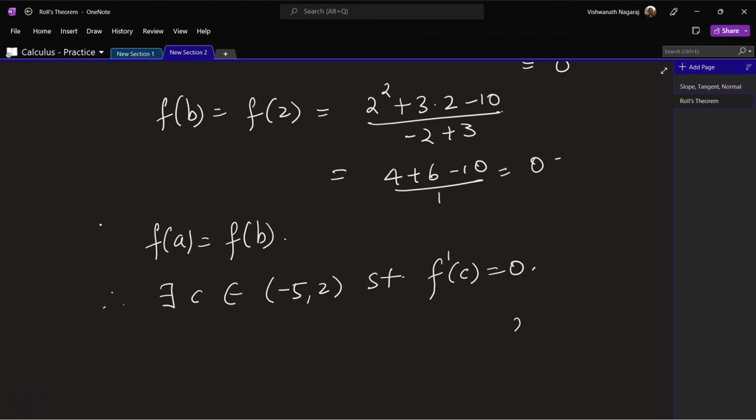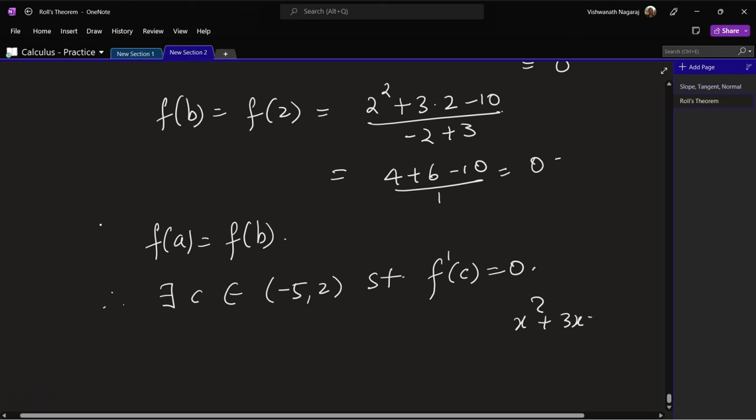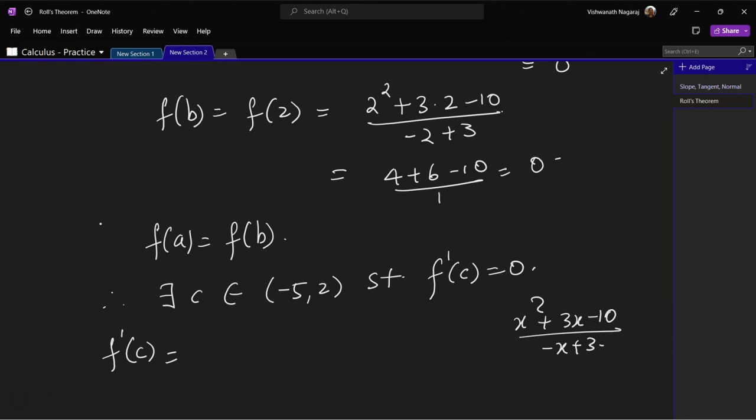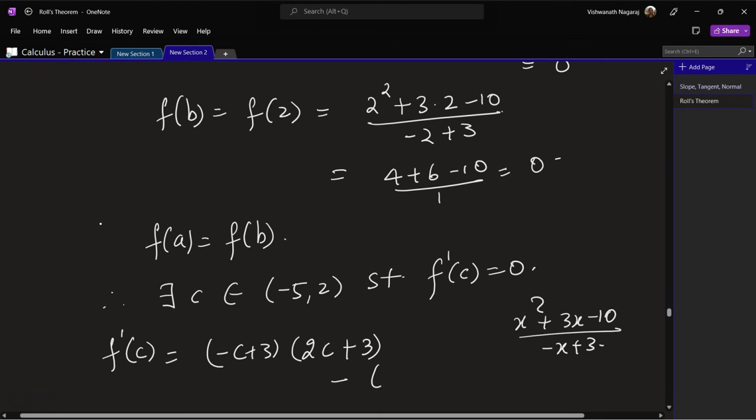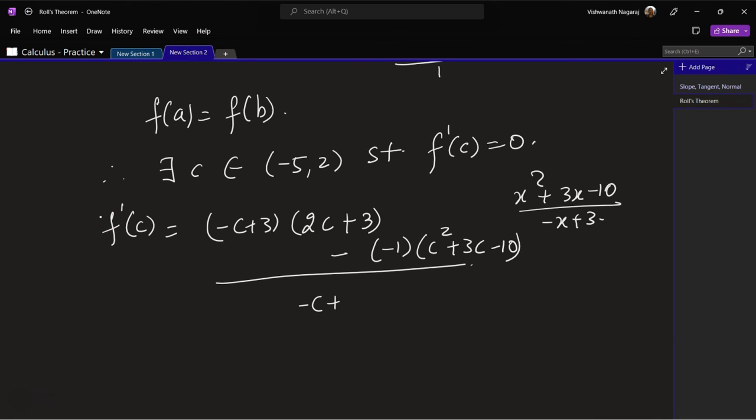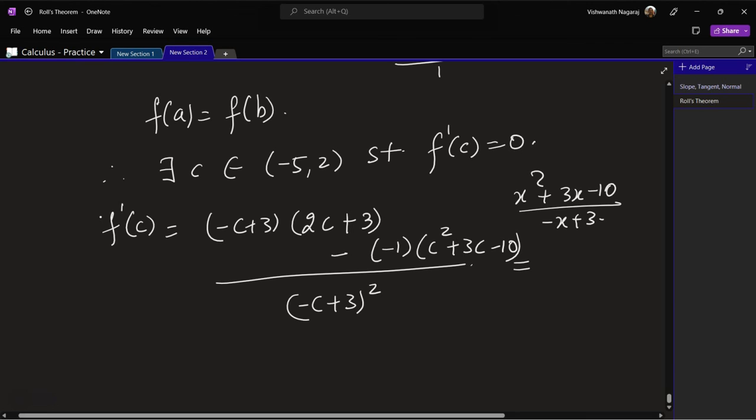So for the function x square plus 3x minus 10 by minus x plus 3, let's figure out what is f prime of c. So this would be minus c plus 3 as it is times 2c plus 3 minus minus 1 times c square plus 3c minus 10 divided by minus c plus 3 square is equal to 0.